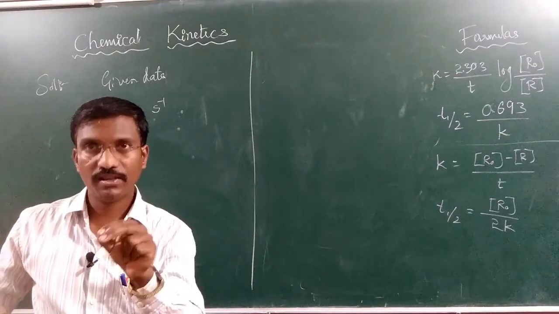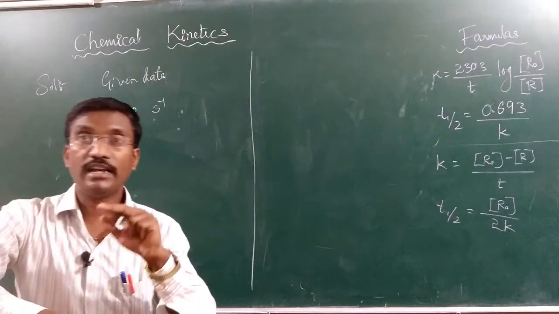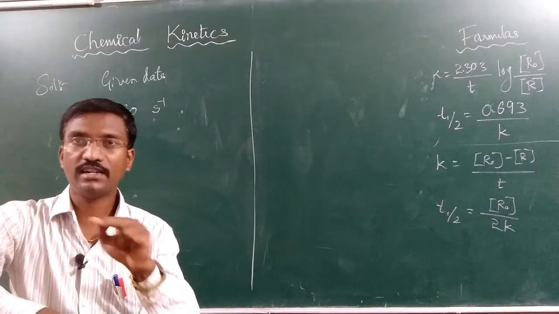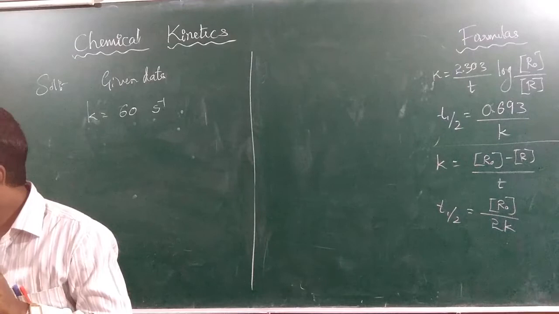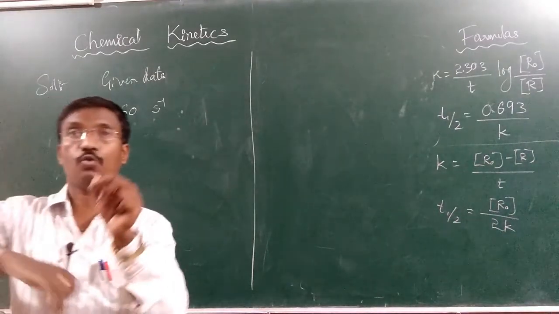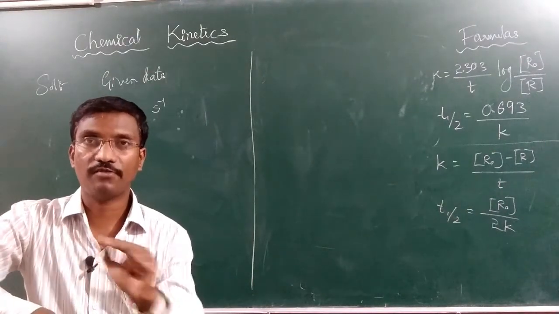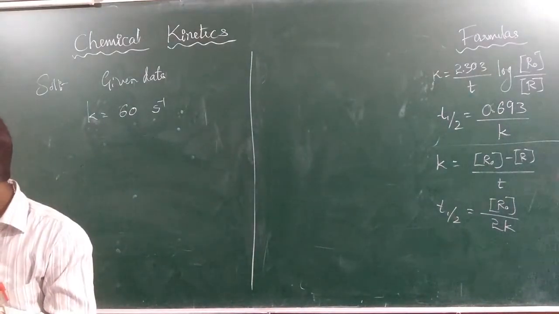Think that if they had asked to calculate the time required to reduce the initial concentration to exactly half, it means that it is half-life, but they are asking to calculate the time when the initial concentration is reduced to its 1/16th. 1/16th means it's not the half-life.